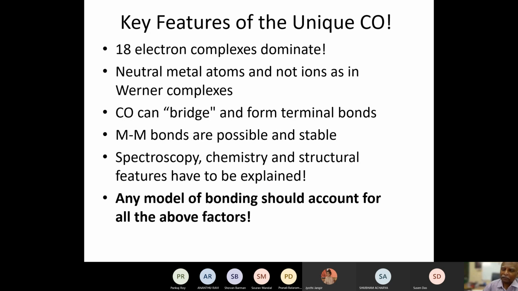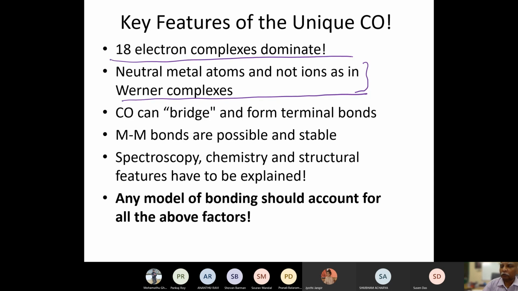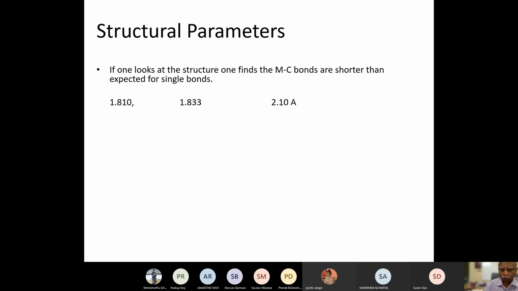We talked about various unique features and compared them with Werner complexes, because those are the complexes which are most common in inorganic chemistry, in transition metal chemistry. And we compared it with them.